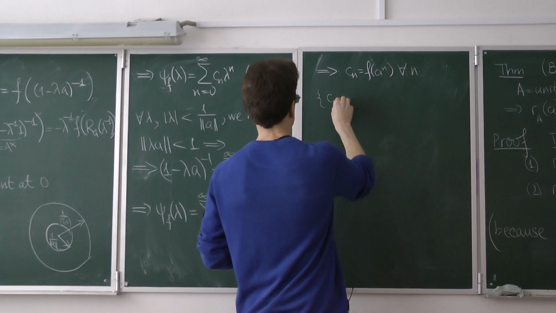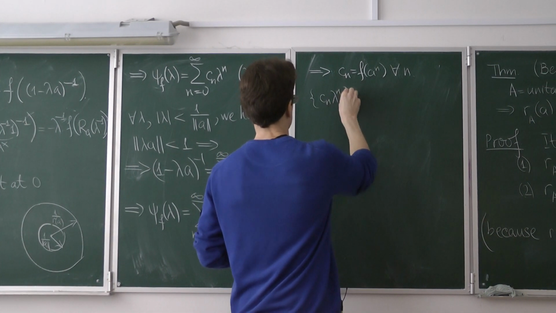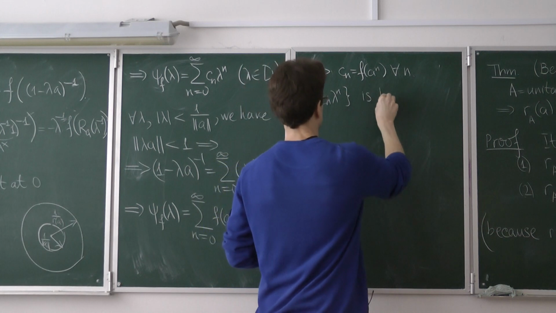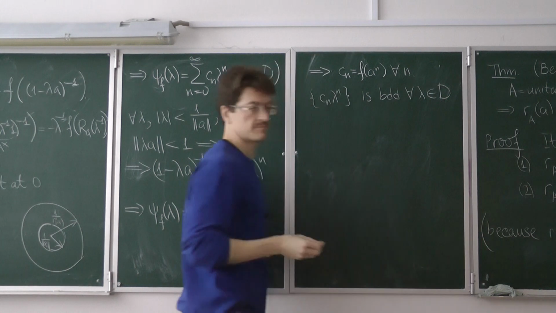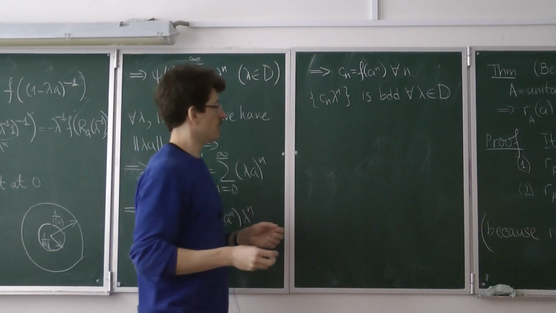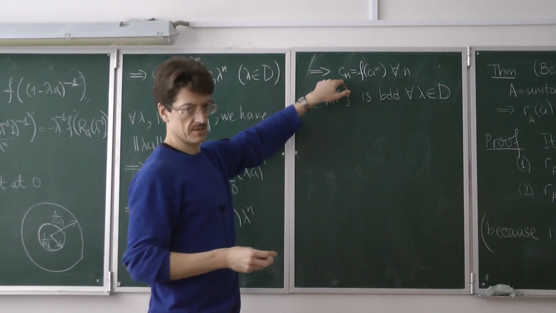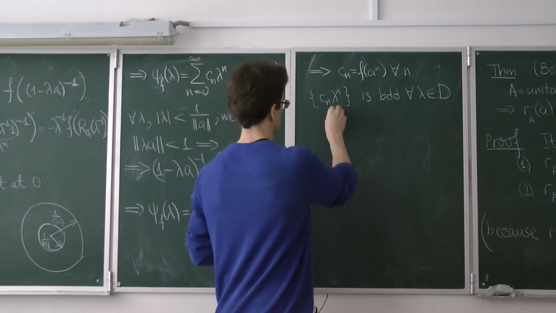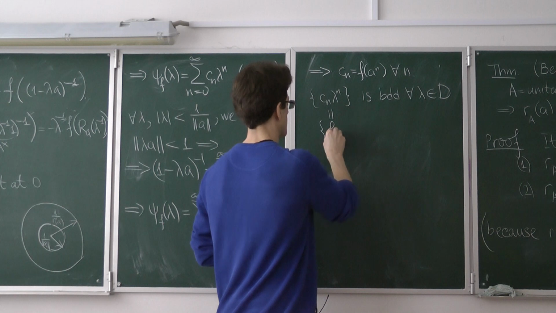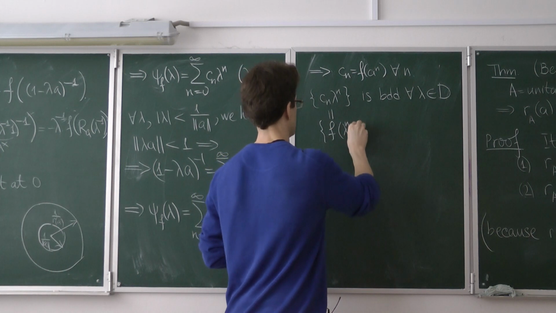The sequence Cn lambda^n is bounded for each lambda in D. Okay, but now we know what Cn is. Cn is f applied to A to the power n. So this is nothing but f applied to lambda^n A^n.